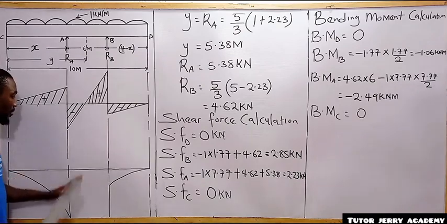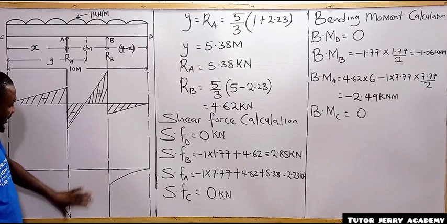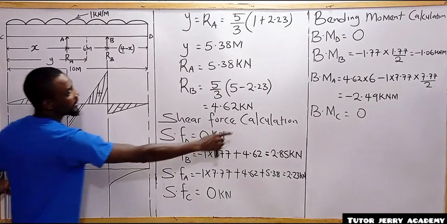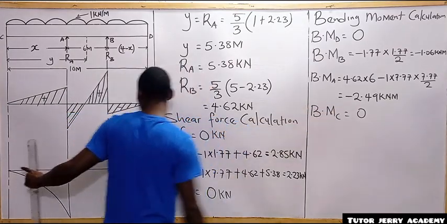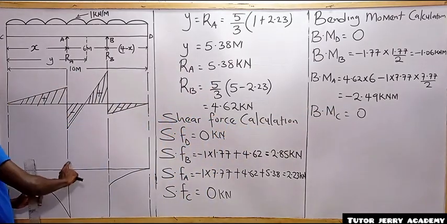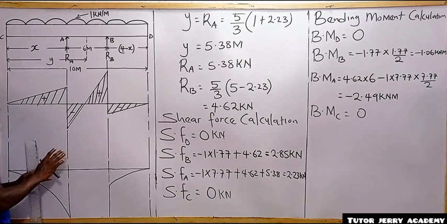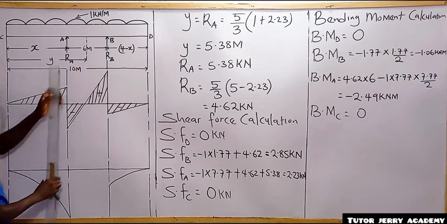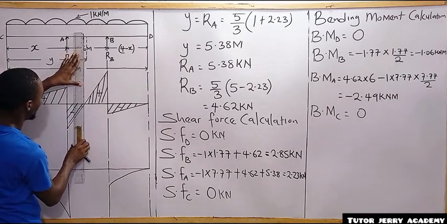Now, if we look at this, you can see what I was explaining the other time. We now have a maximum negative bending moment here, which is minus 2.49. Now we are going to have a maximum positive bending moment where our shear force is equal to 0, which is at this point.